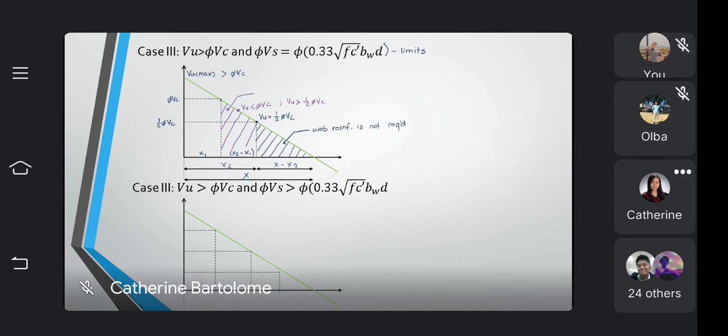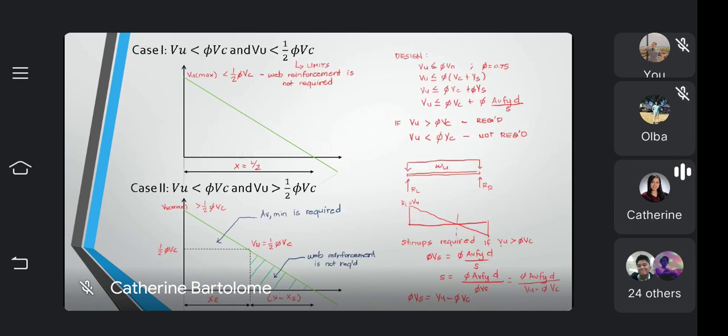Where, ano yung magiging stirrups natin dito? AB minimum. Based on case 2, diba? Nasusundan ba? Okay, diba? So, greater than siya sa half of VBC, pero less than siya ng VBC.